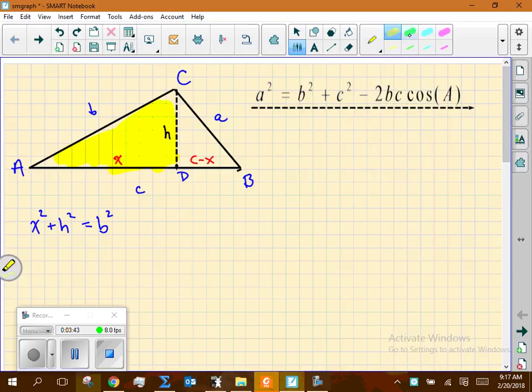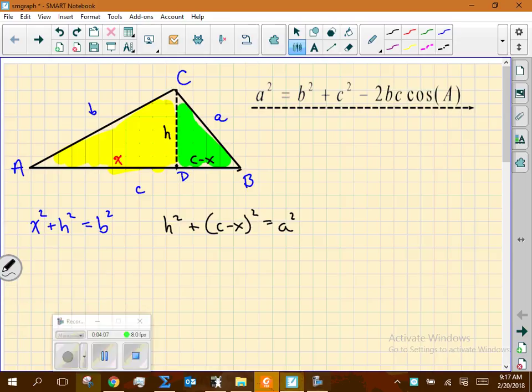Would you say that we could do the same thing over here in this green triangle? Can I say in the green triangle that h squared plus (c minus x) squared is equal to a squared?